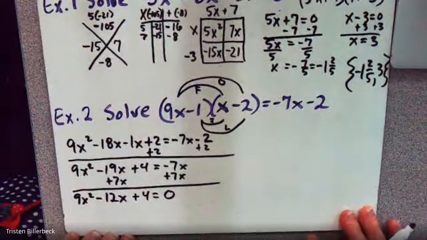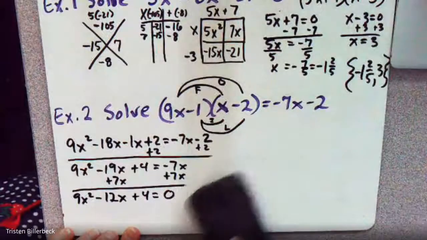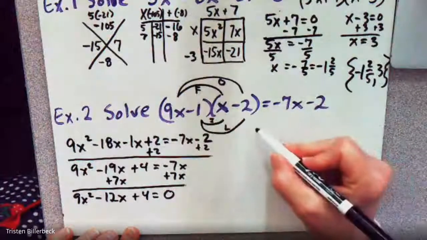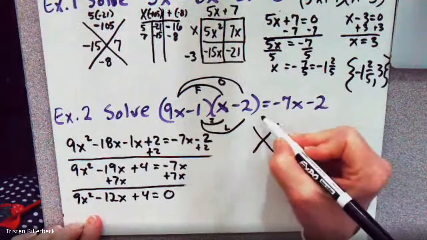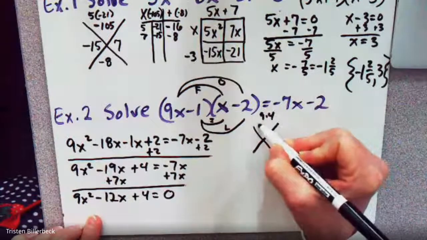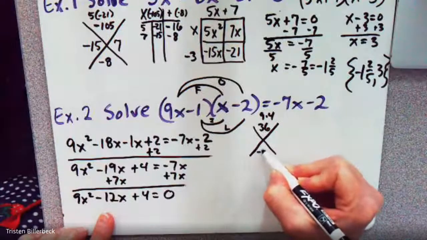Okay, well, let's do a little diamond box. When we do a diamond and a box, we have 9 times 4, which is 36, and -12 right here.